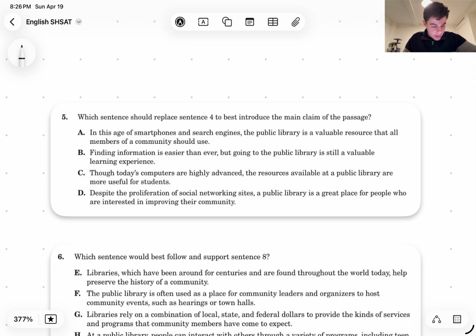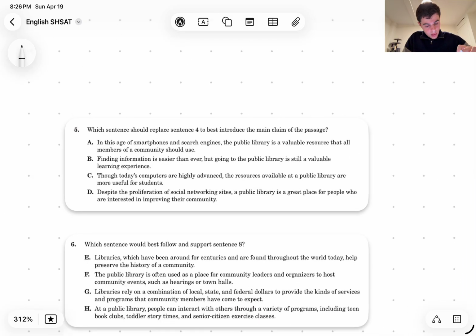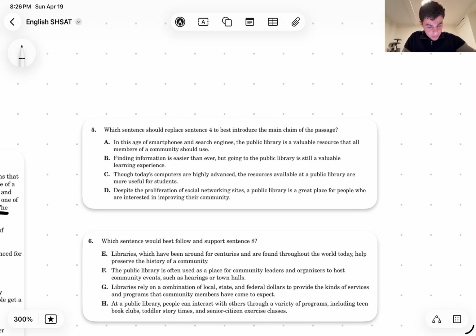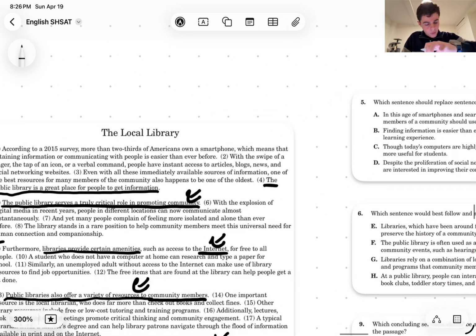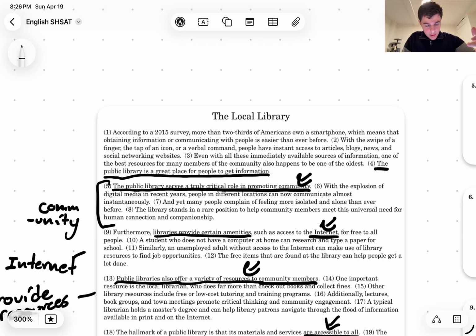So A, in this age of smartphones and search engines, the public library is a valuable resource that all members of the community should use. Well, that's actually kind of a decent answer, right? Because the first paragraph here is saying that despite the fact that a lot of people own a smartphone, which can be a very valuable resource, right?